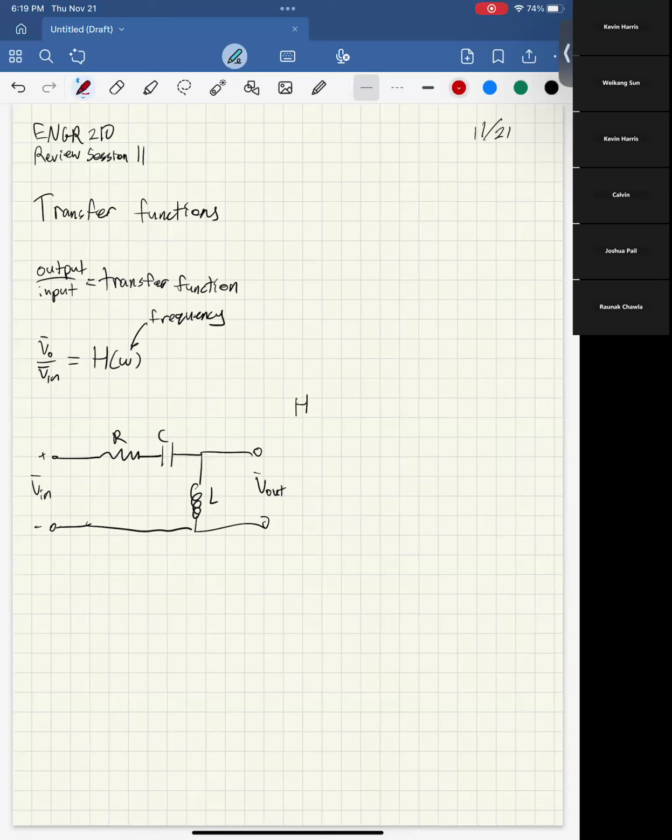You can think of this as kind of just a voltage source of V in. If you remember, the inductor would be, I'll actually write this as j omega L, and this would be 1 over j omega C. So this transfer function would be whatever V out over V in is.